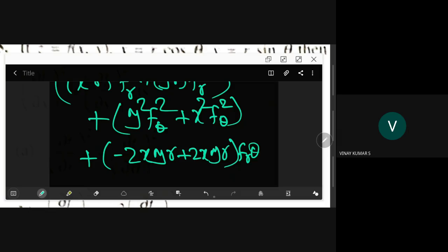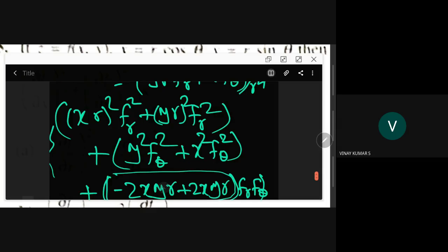So these two things cancel to 0. Now x square plus y square is r square, the whole over r power 4. So what we are getting totally is r square, r power 4.